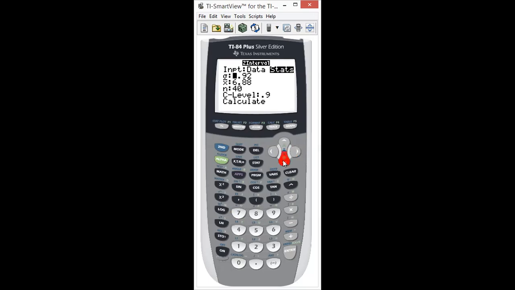For that problem we looked at, it was the watermelon price per 100 pounds, right? Sigma was 1.92, so you would enter sigma. X bar, the sample mean, $6.88, right? And then we were looking at a sample size of 40, and we had a confidence level of 90%. So then you would enter 0.9, and then you would calculate.